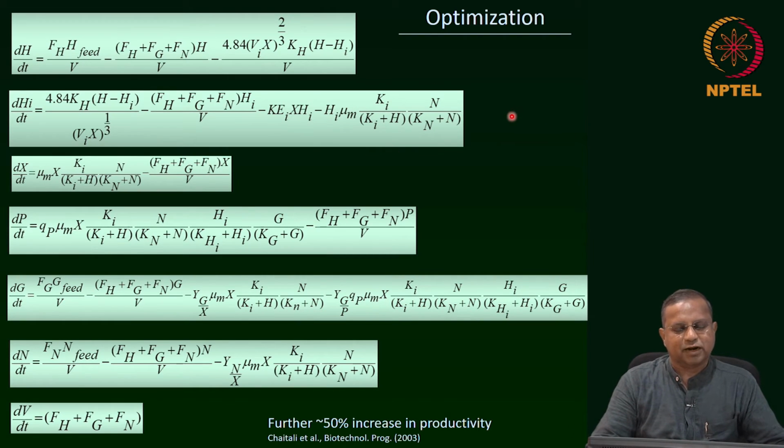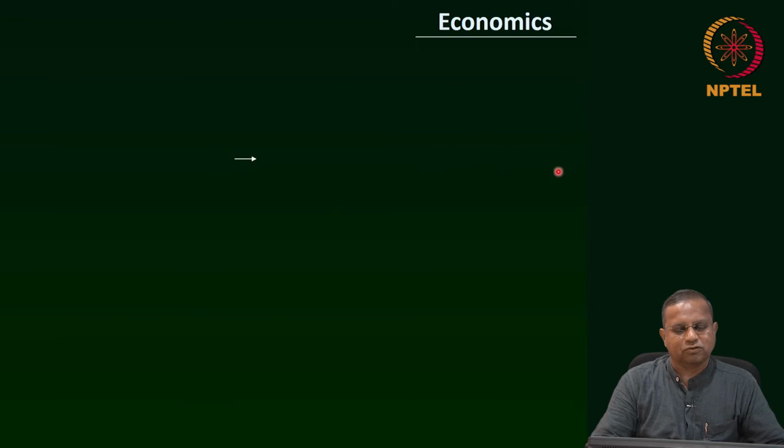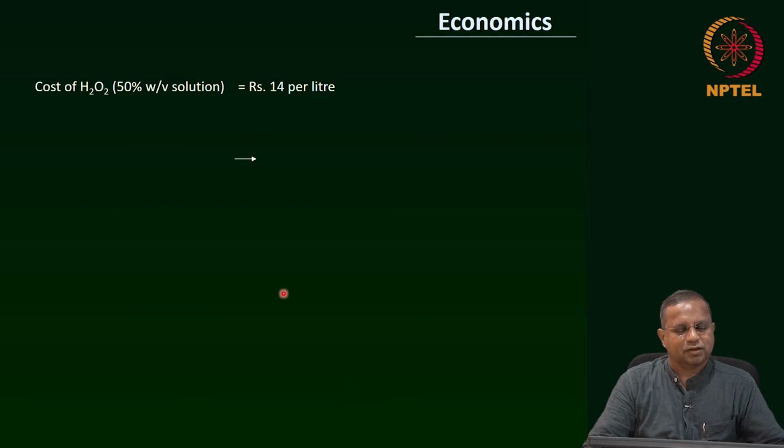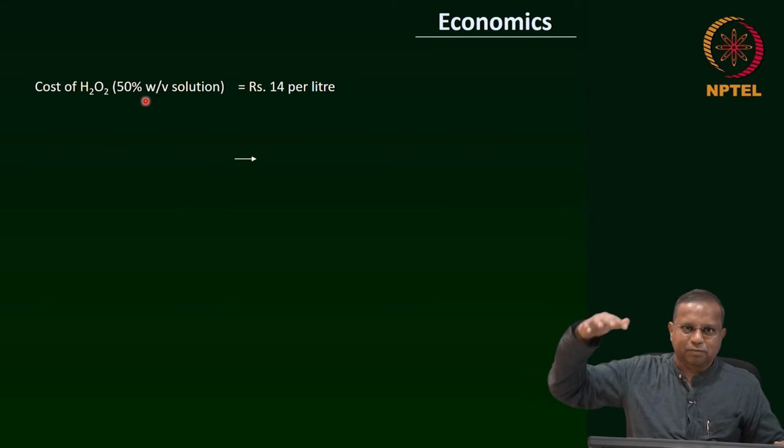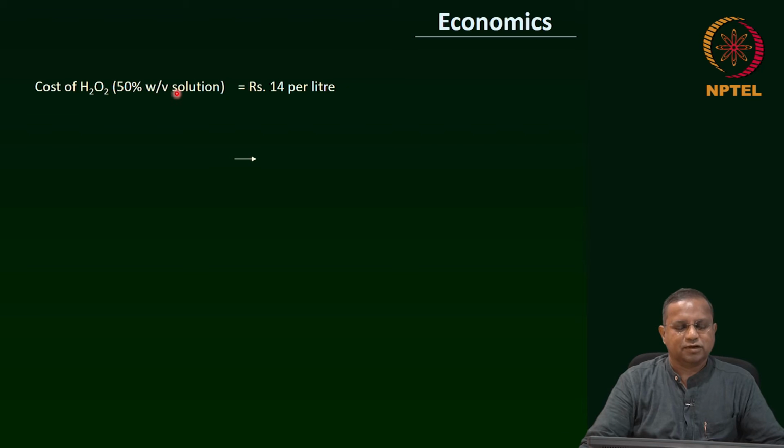So, that was that, and what I wanted to discuss also was the economics of the liquid phase oxygen supply strategy. It might be interesting to know this also. The cost of hydrogen peroxide, which is available in barrels from National Peroxide and so on, as 50% weight per volume solution, is still around 14 rupees per liter.